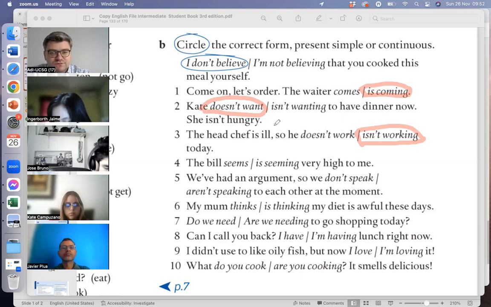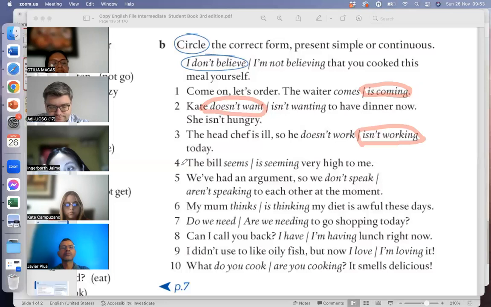Generally, he is fine. So to highlight that it's not a continuous thing, we can be using this. Also, as you rightly identified, today is another time expression that we should be considering to use the present continuous. Okay, number 4.